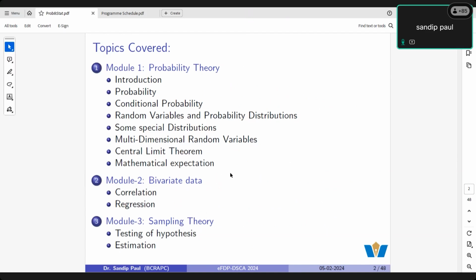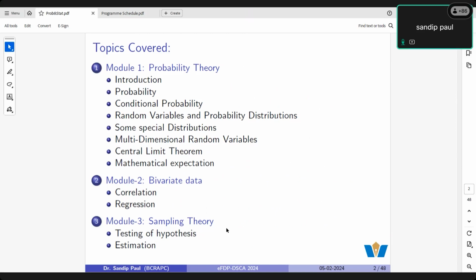In module 2, there are two topics. We'll learn bivariate data, and using correlation and regression concepts, we'll understand how to analyze the bivariate data. The third module is sampling theory, where we'll learn how to use the data obtained from a large set of individuals to test some characteristic of the entire population.